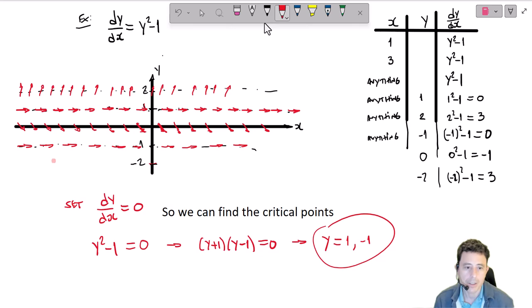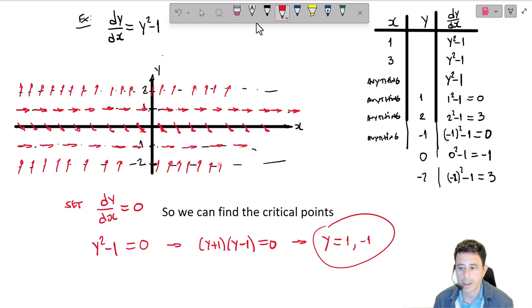So along this line, the derivatives are also steep like that. And this means that below that critical point, y equals negative 1, the derivative is positive.